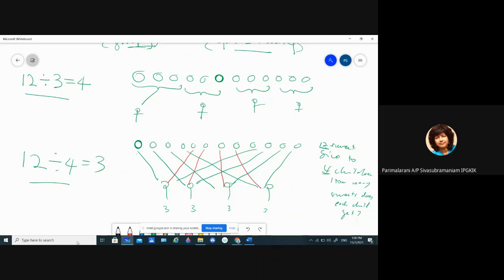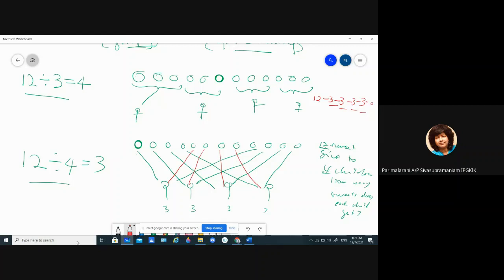And when we say repeated subtraction, which one looks like repeated subtraction to you, the first one or the second one? The first one, right? Here we take away 3 from 12, take away 3, take away 3, take away 3, until you're left with 0. So you have 4 groups of 3.